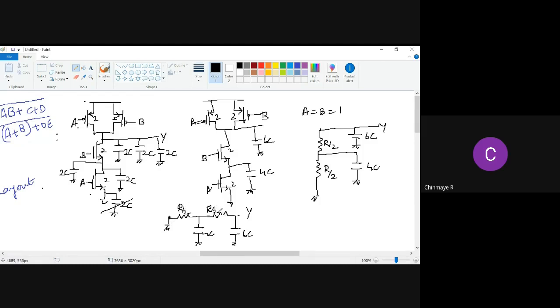As you can see here, calculating the impedance of this network is not easy, right? Because you have two RC loops. It was not as simple as an inverter where you had only one R and one C. You have an RC ladder here. Do you recognize that?